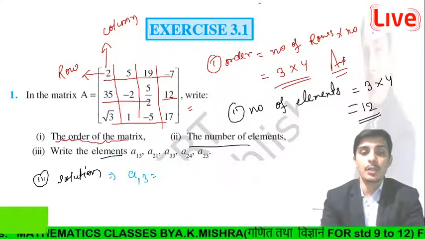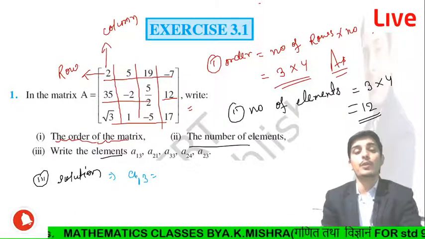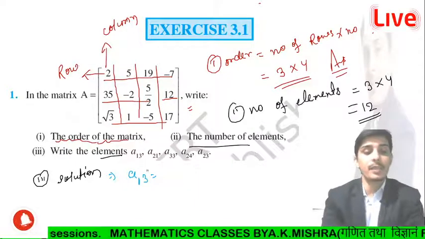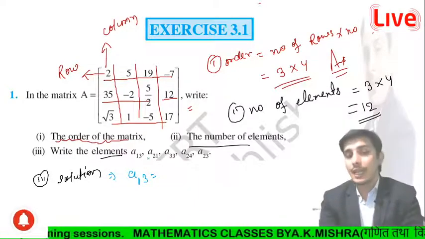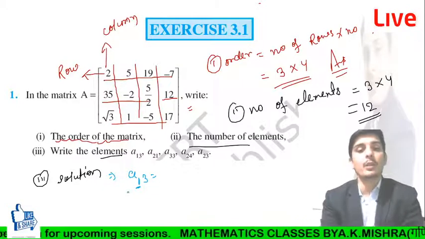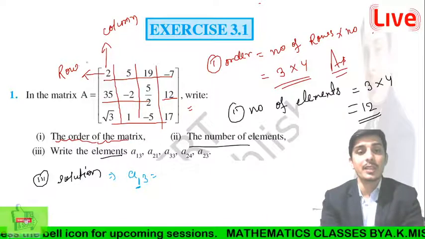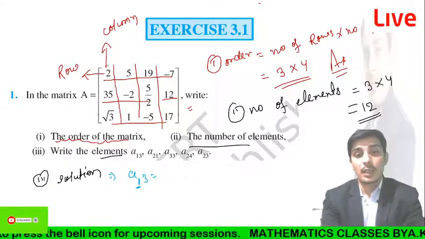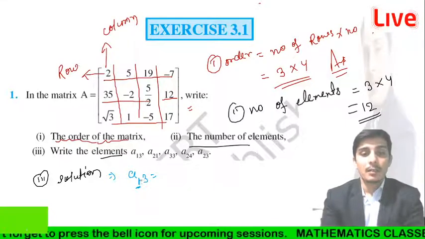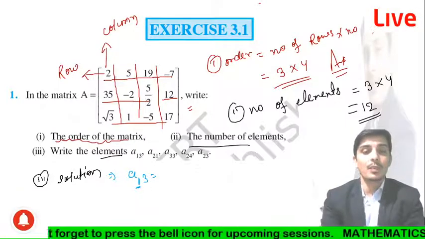A13 means, a small letter always denotes an element. So we have to find an element. The first number gives us the information about the row. Here it is 1, so we have to take the element of the first row. The other number tells us about the column, so first row and third column.